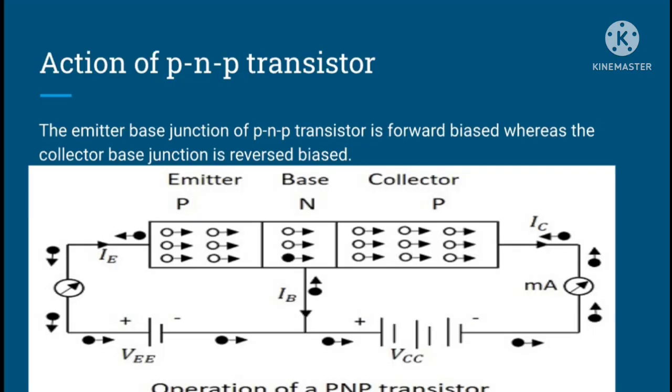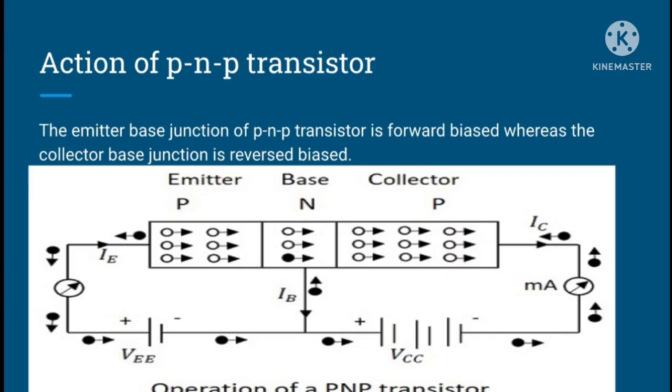Now the next one, the action or working of the PNP transistor. The emitter base junction is forward biased, whereas the collector base junction is reverse biased. This is the equivalent circuit shown in the figure. Here the emitter base junction is forward biased.